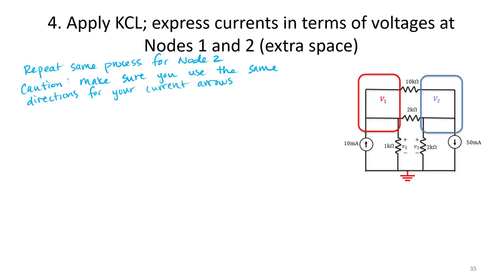So in this case, remember we had IR1, we had IR2, IR3, and IR4. So we need to keep those directions the same. We don't want to change them because we are still solving for the same circuit.